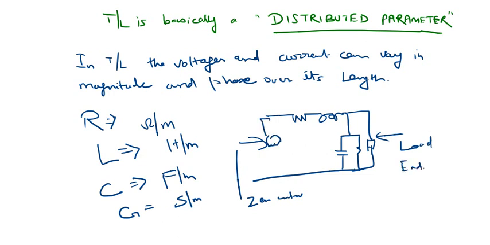You are giving the power supply, VG, IG. So this is the typical transmission line, and suppose this length is delta Z.